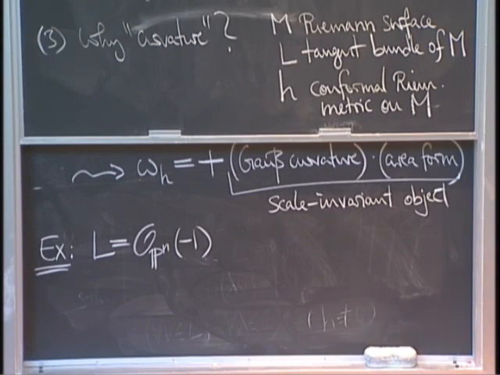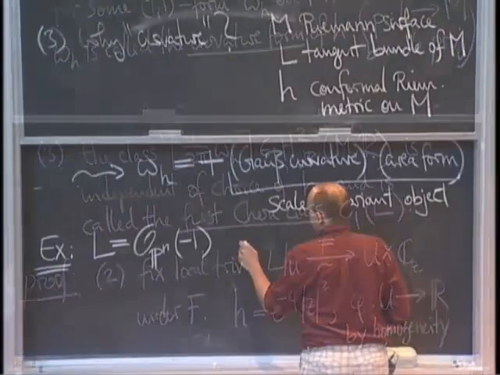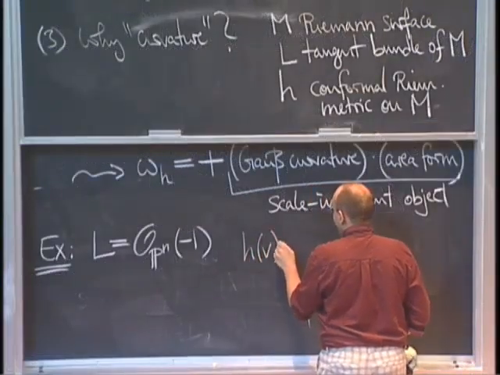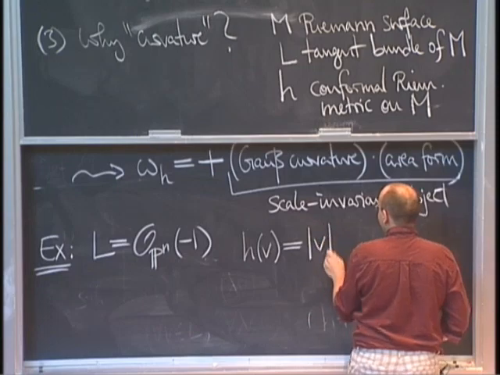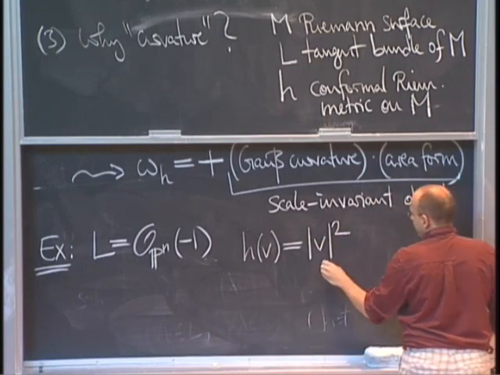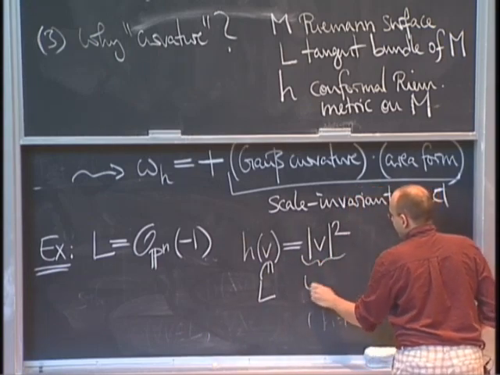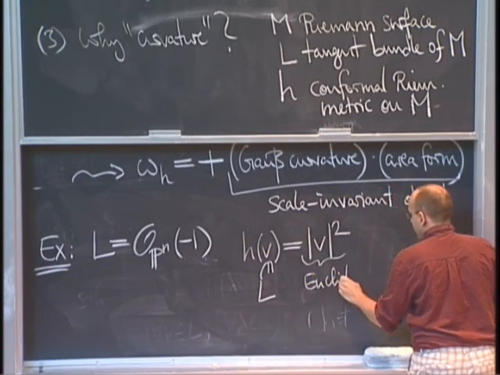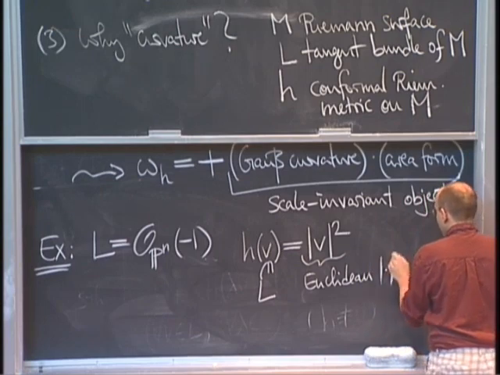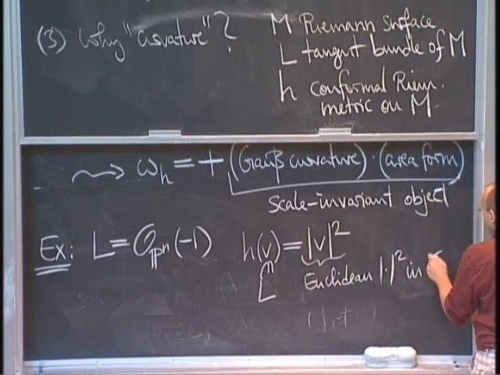I can just put h of v equal to mod v squared, so v is in L, and this is the Euclidean norm in C^{n+1}.